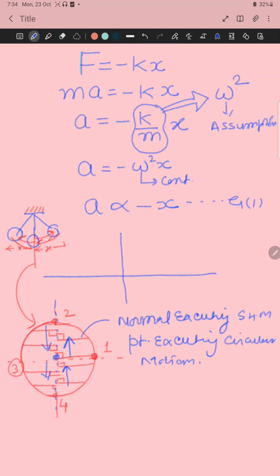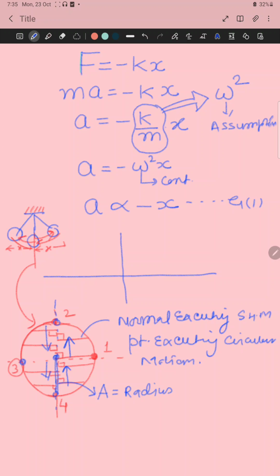So always remember, whenever we calculate any physical parameter like velocity or displacement, we will use this fact. The point is executing circular motion, whereas the perpendicular onto it is executing simple harmonic motion. So let's say the circle has a radius a.